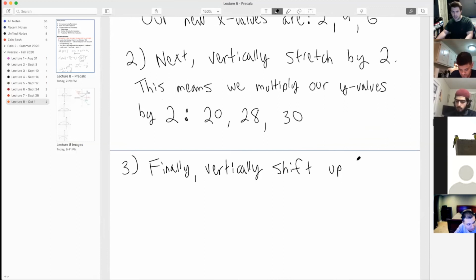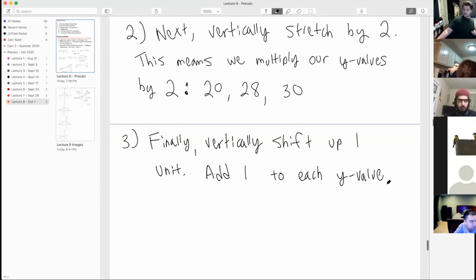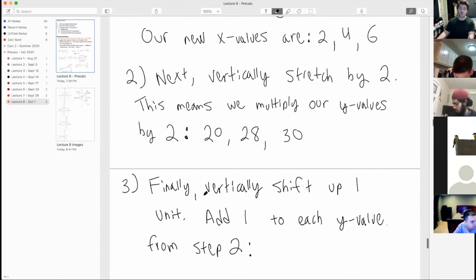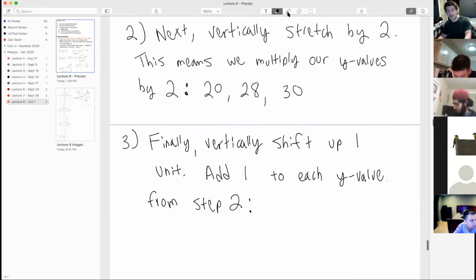It's +1, up 1 unit. And what's the algebraic thing to do? You add 1 to each y value from step 2. So you don't go back to your original y values and add 1 to those. You go back to your current y values, which are now 20, 28, and 30.